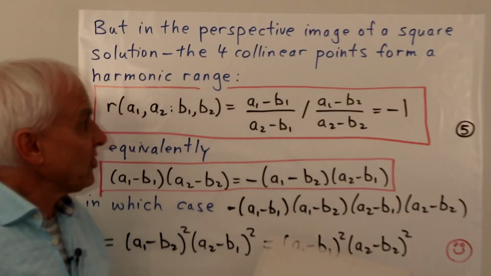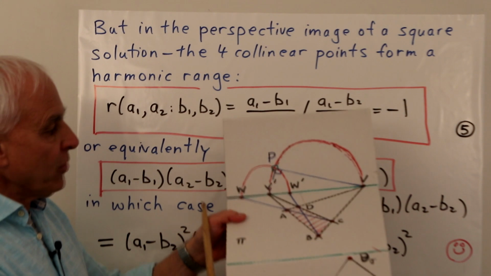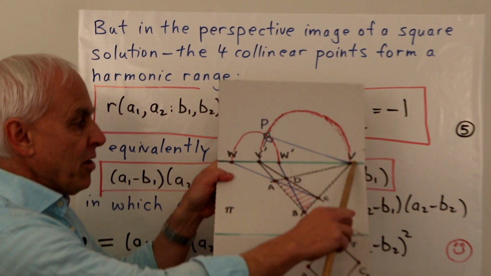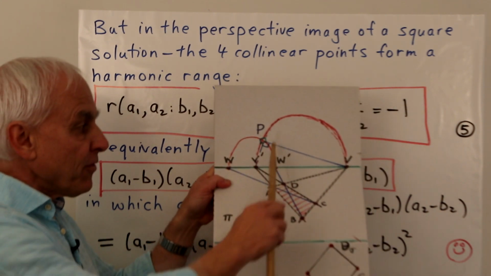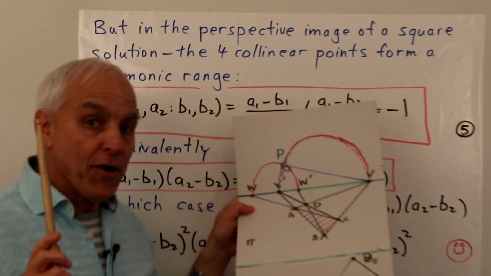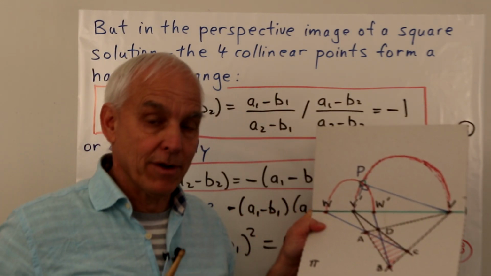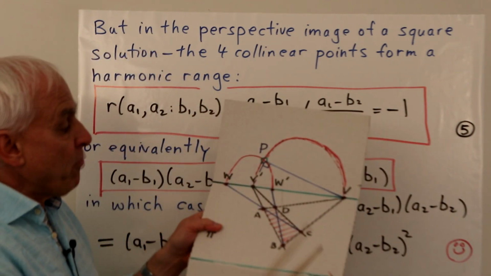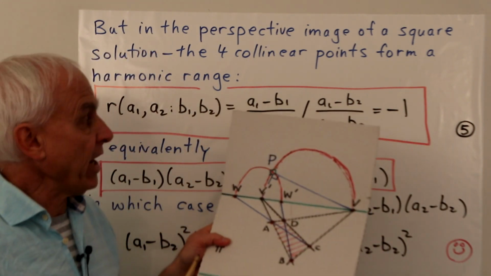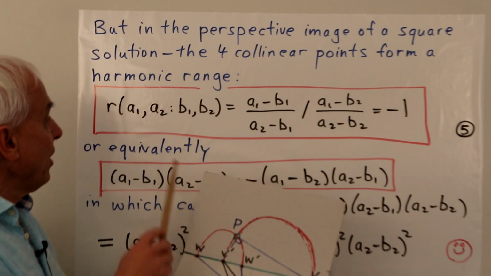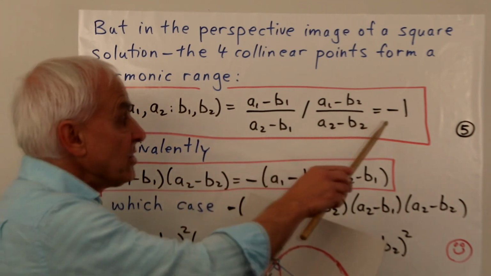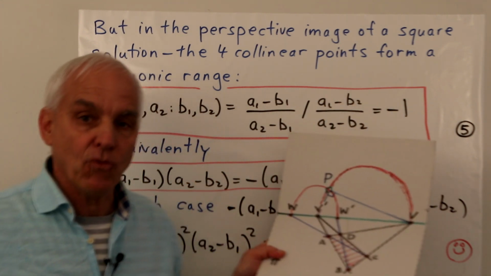So in the original perspective image of a square solution, these 4 collinear points that we are building the circles from, they are not just an arbitrary set of collinear points. They are very important because they form a harmonic range. I remind you that that means that their cross ratio happens to have the value -1.